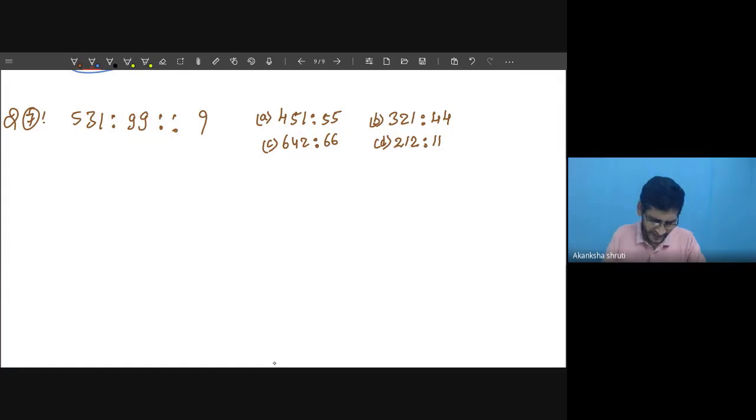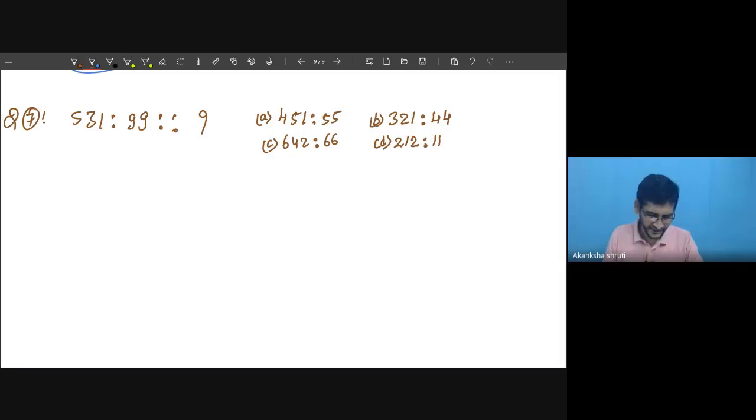Here we are observing that 531, the sum is 5 plus 3 plus 1, which is 9. 9 is divisible by 3, so it is divisible by 3. 99 is also divisible by 3. Okay, so both are composite.